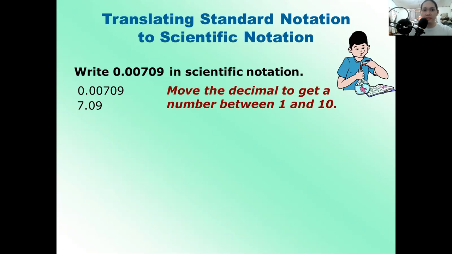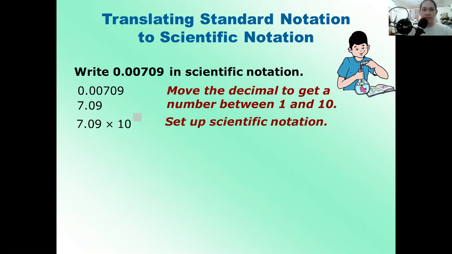Not 70.9, because 70 is greater than 10. Not 0.709, because 0.7 is less than 1. Again, a number between 1 and 10. That's why our picked number is 7.09.